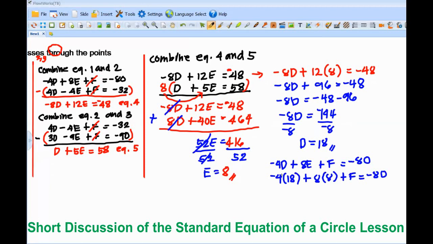So negative 72 plus 64 plus F equals negative 80. So negative 72 plus 64 equals negative 8.